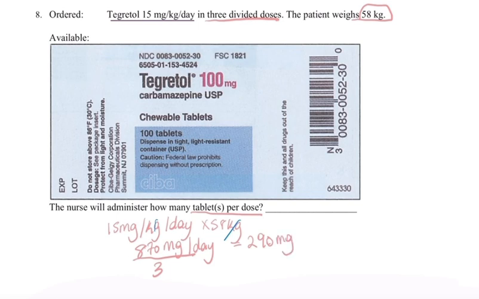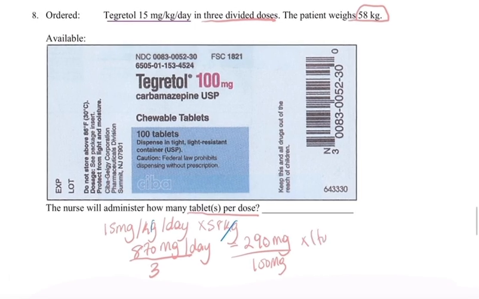Now the label reads that it has 100 milligram in it. So that's when we say 290 milligram over 100 milligram times 1 tab. The remaining will be 2.9 tab.